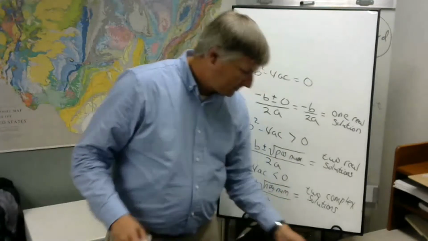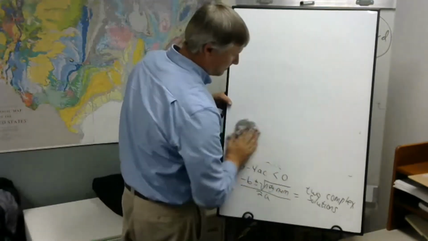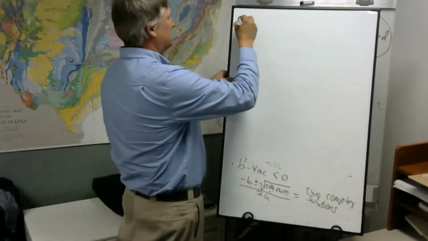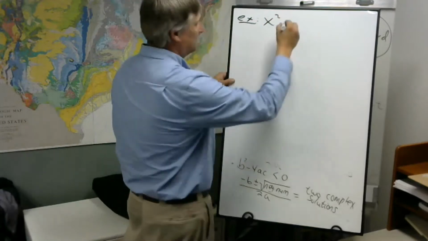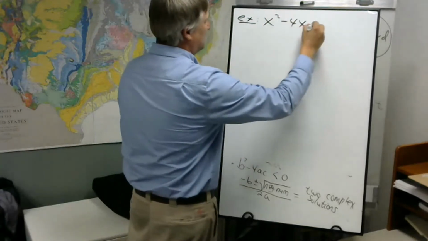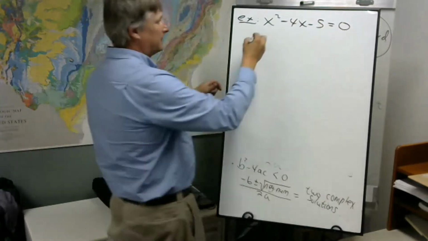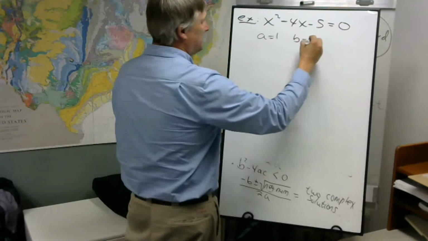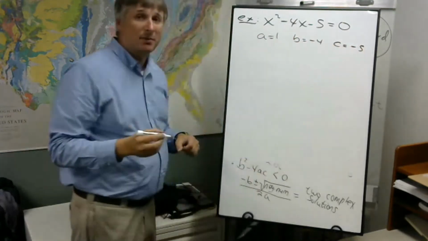So, for example, let's take a look at some of these. So here, A is 1, B is minus 4, C is minus 5.